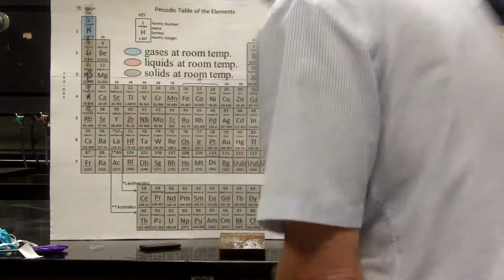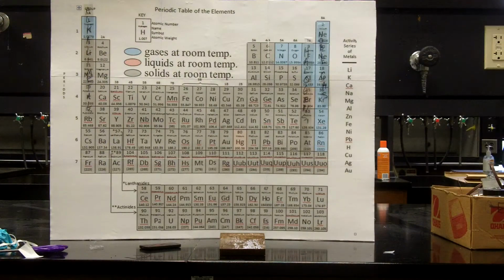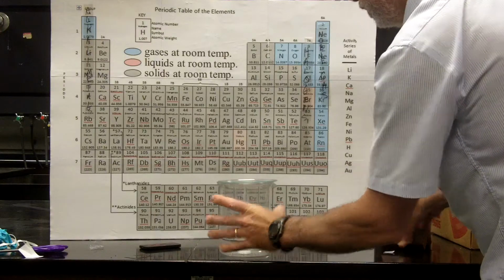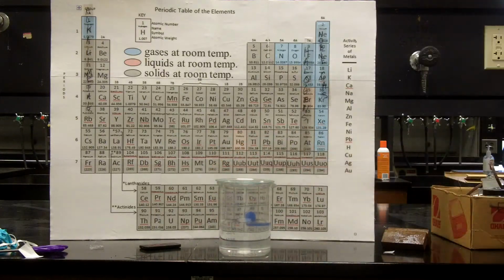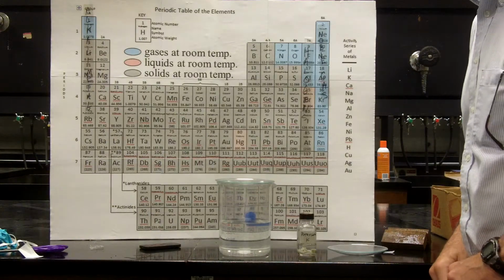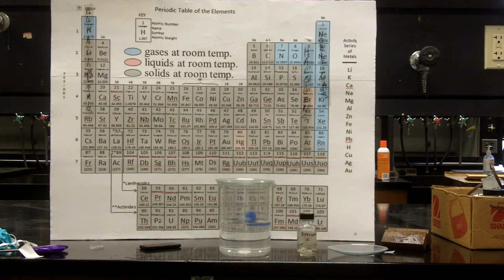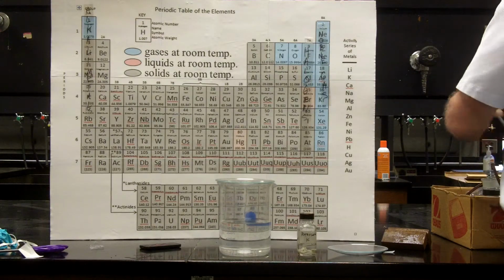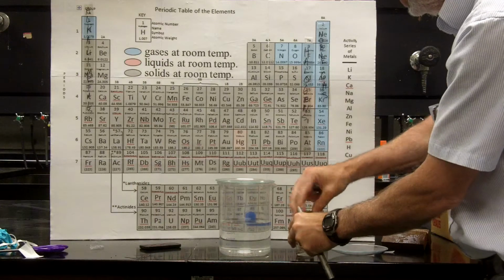I've got an example of it here, I think. I've got some water and something on top here. And I've got the alkali metal potassium. And what I'm going to do is cut the potassium.